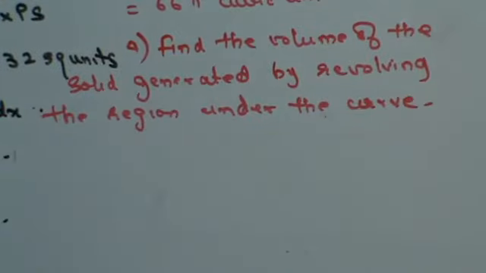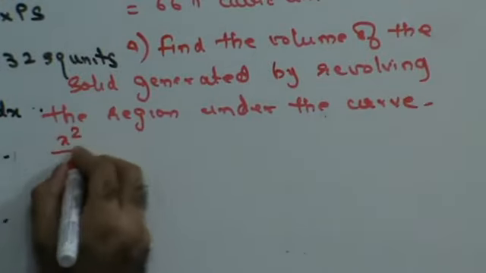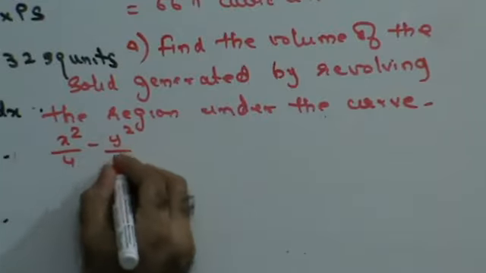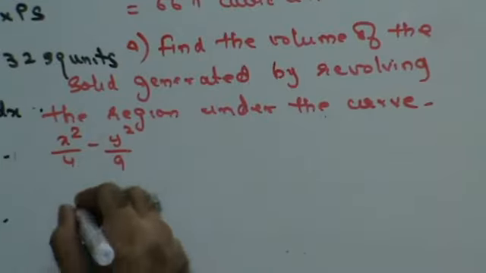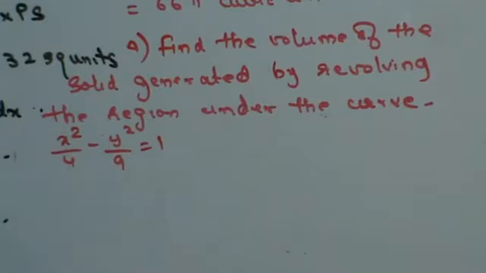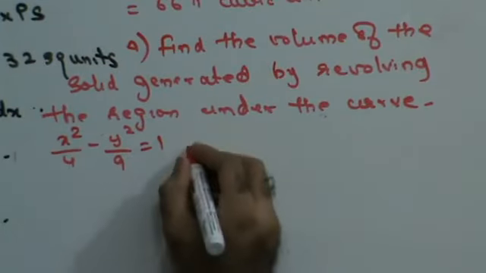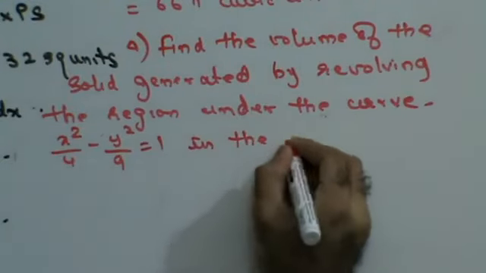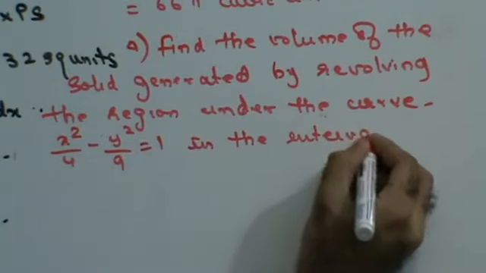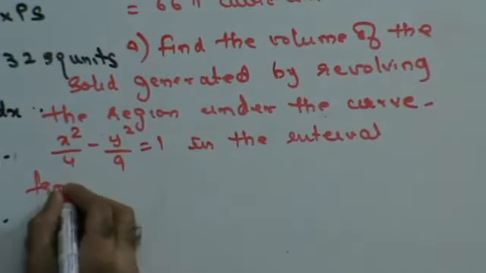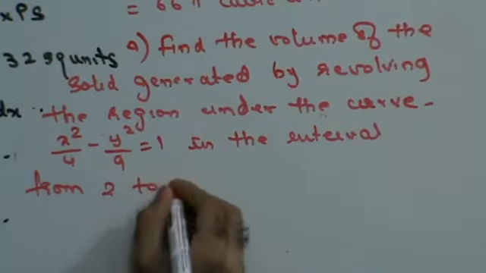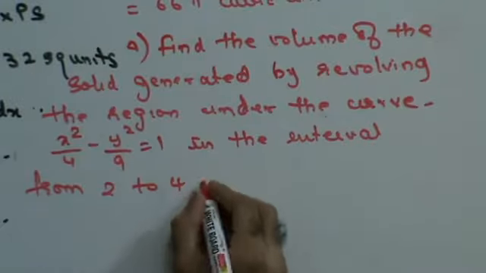The equation of the curve is given to you as x square upon 4 minus y square upon 9 is equal to 1, in the interval from 2 to 4, about the x-axis.